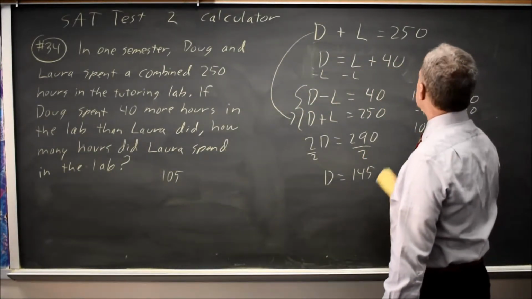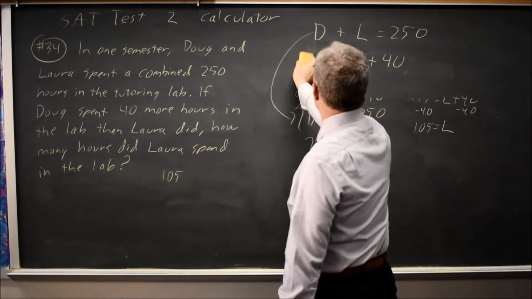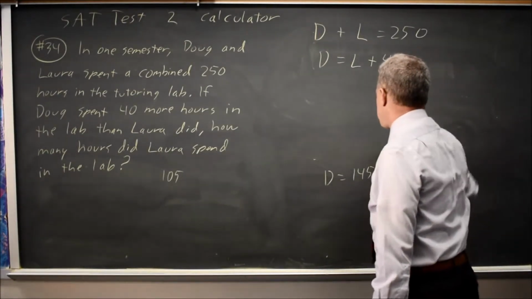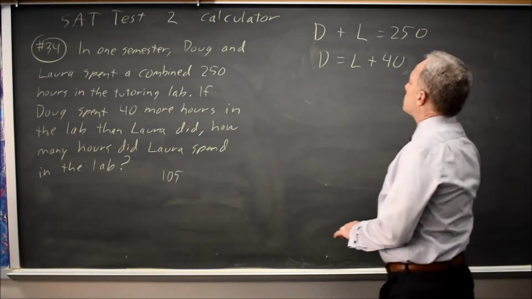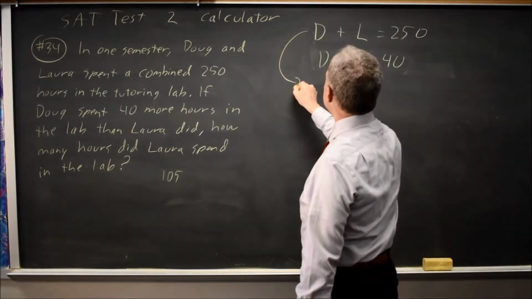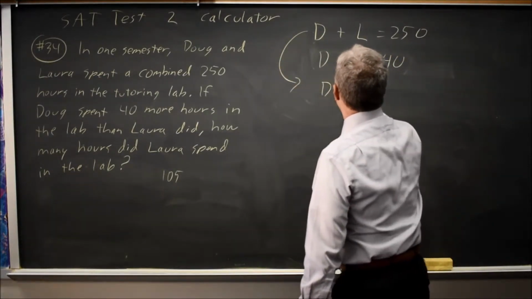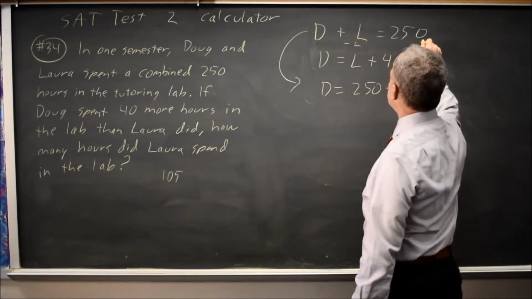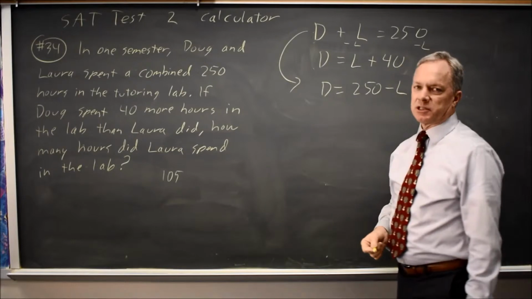As a third option, this is a calculator problem. I can solve this first equation for D. D equals 250 minus L. I'm going to subtract L from both sides of the first equation.